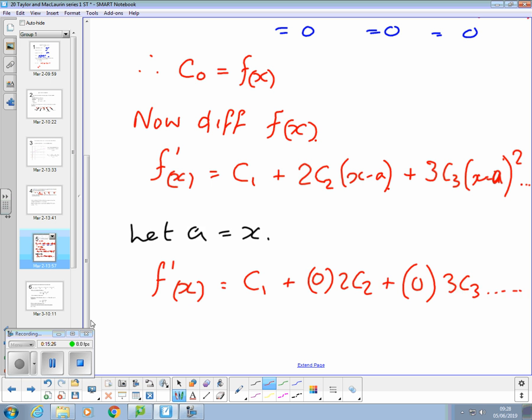Everything bar the C1 constant disappears. Yeah.